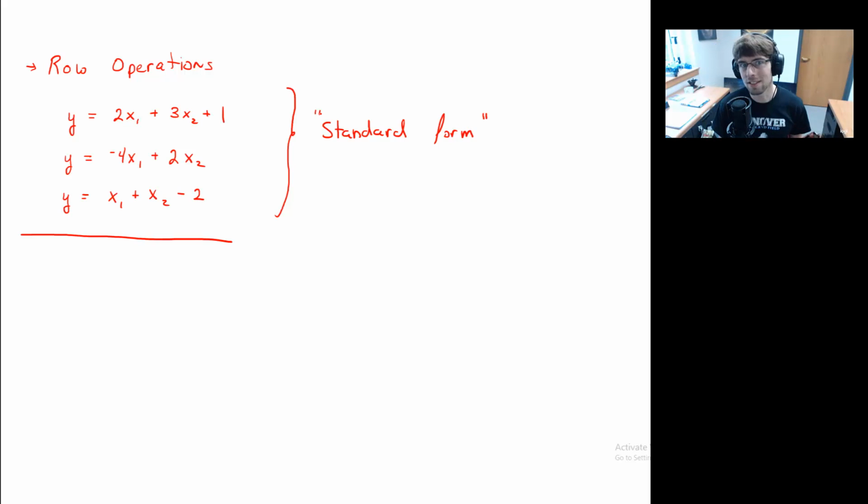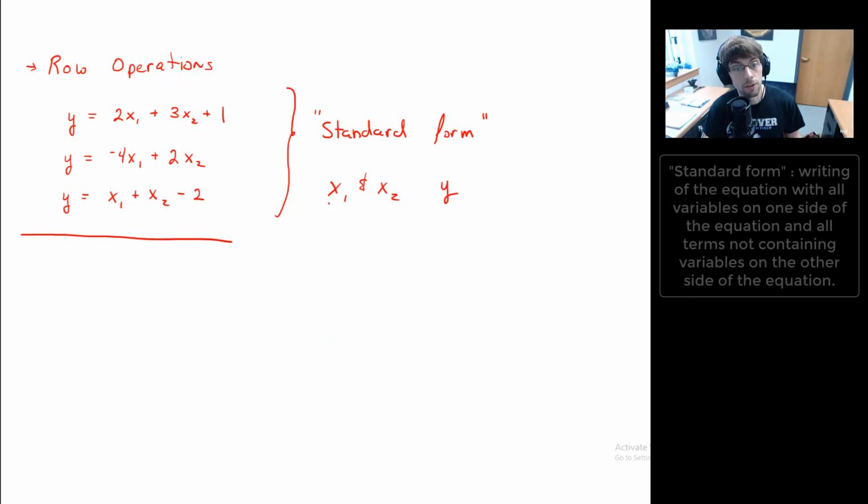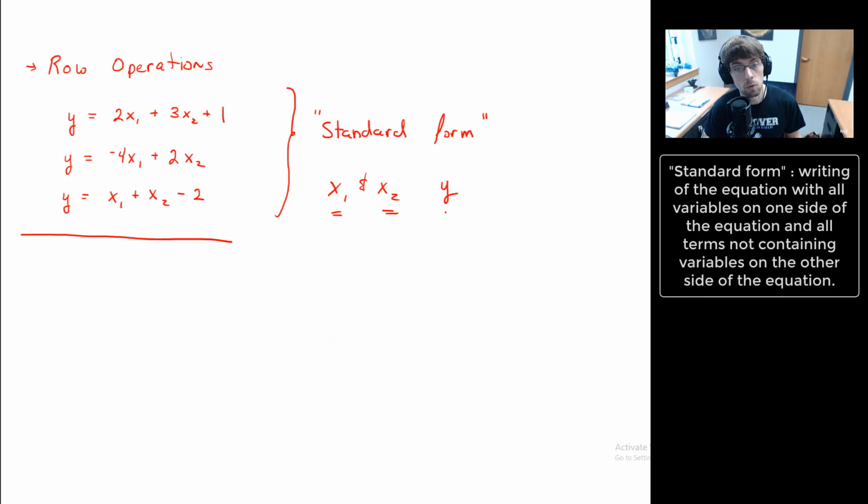Okay. And when I say variable, I mean the independent variables, x1 and x2, but also the dependent variable, y. So any term involving x1, x2, or y, I get on one side of the equation. I'll use the left side. And any term that does not contain a variable, I'm going to move to the right side. Okay? So standard form. So that's the first thing that we're going to do.